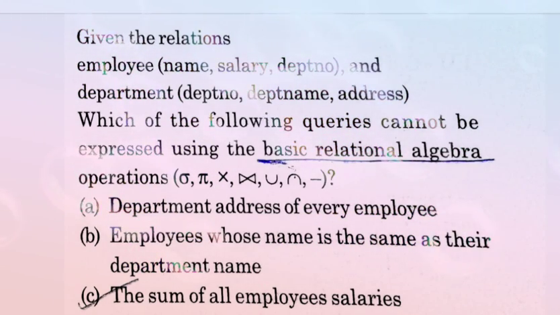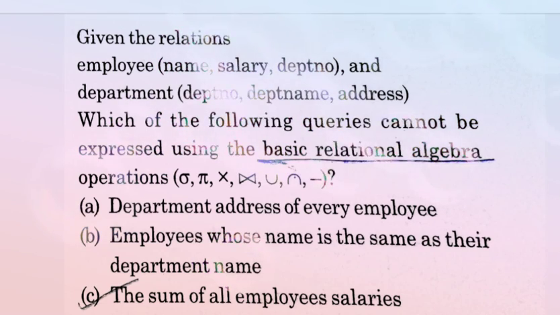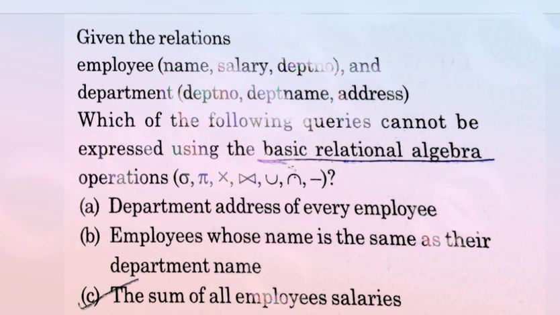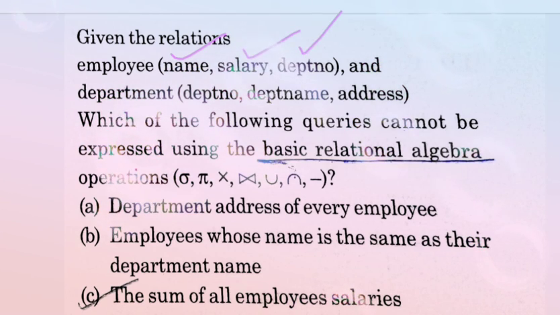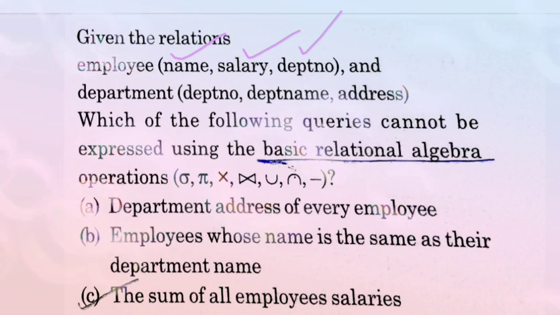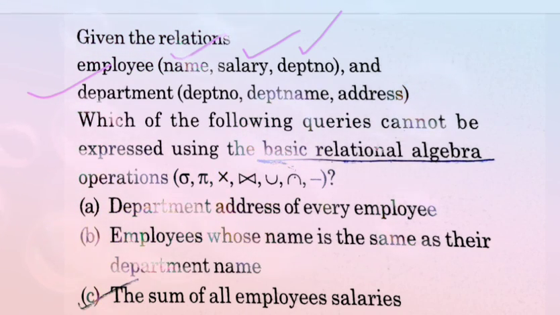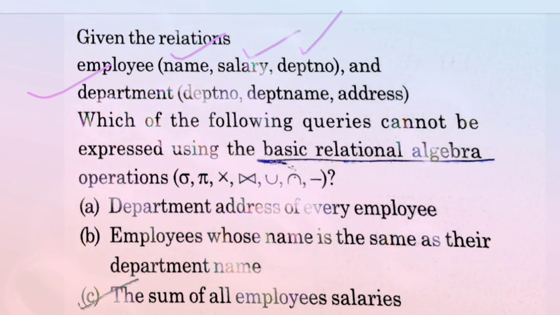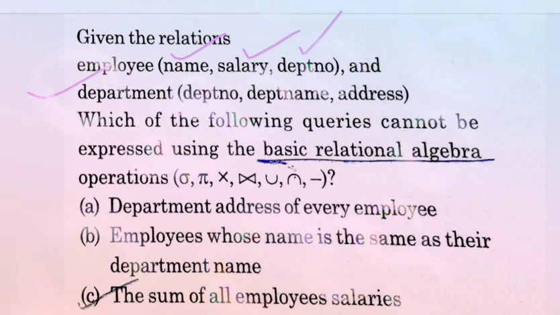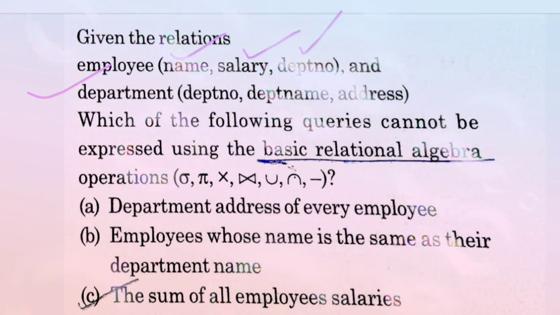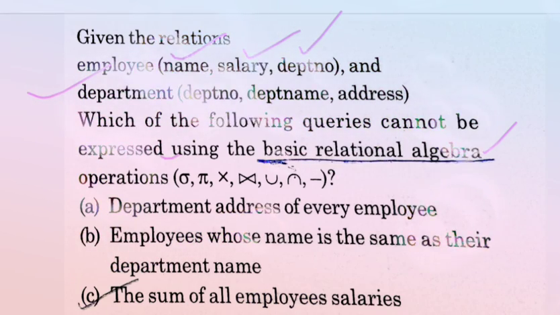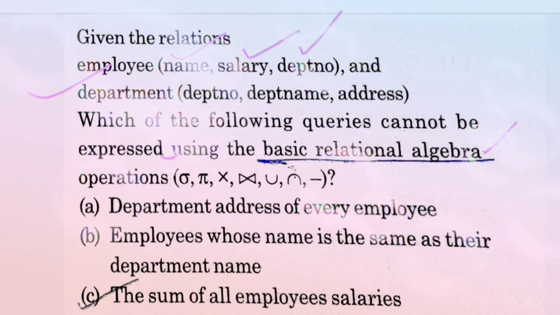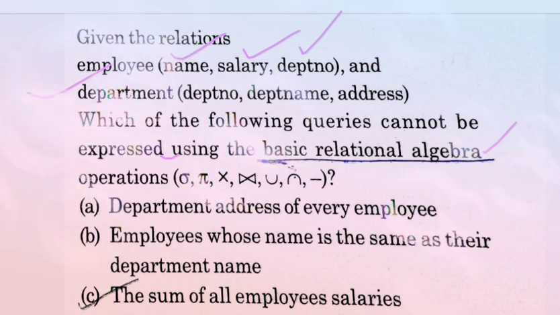Given the relations employee, having the attributes name, salary and department, and department, having the attributes department name, department number and address, which of the following queries can't be expressed using the basic relational algebra operations: select, project, Cartesian product, join, union, intersection and difference?